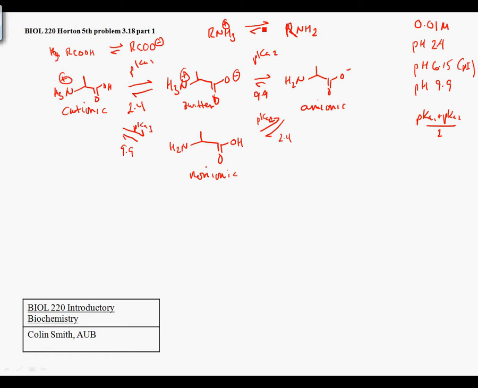So we have two acidities. This one here is governed by pK 2.4, and what happens here is 9.9, right? The acid has a low pK, the base, or conjugate acid of the base, has a high pKa.